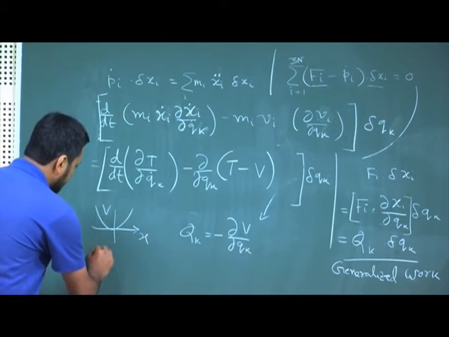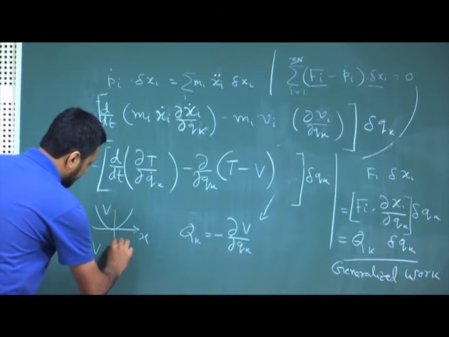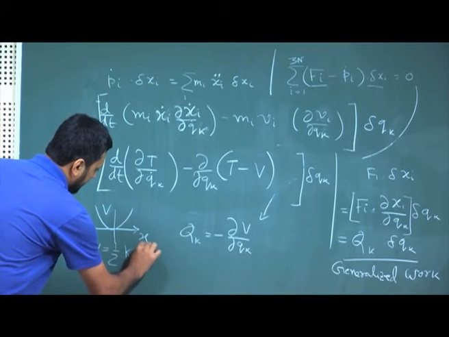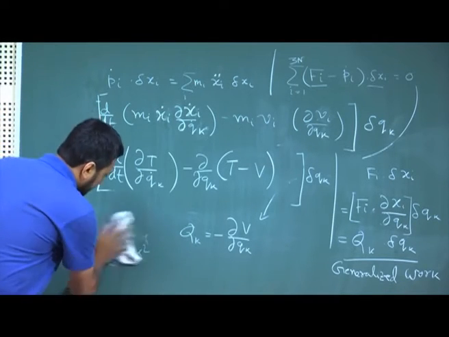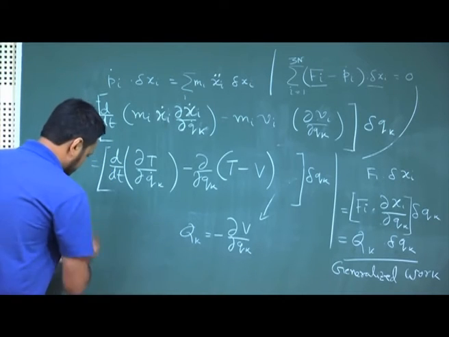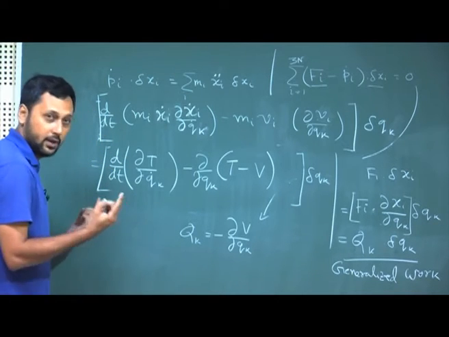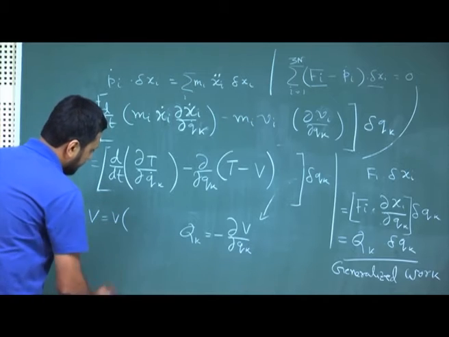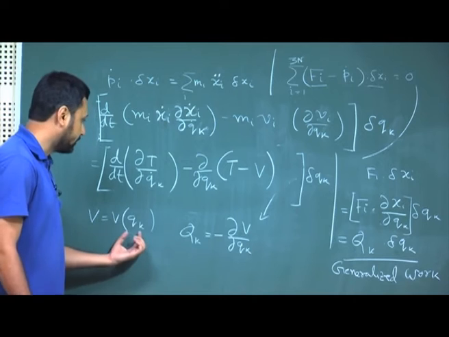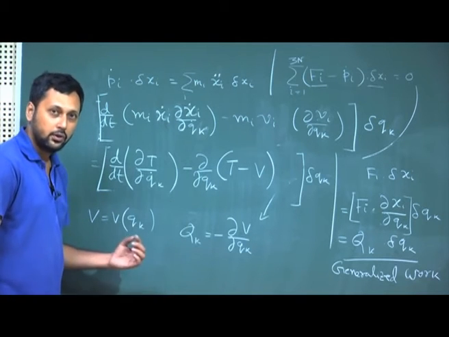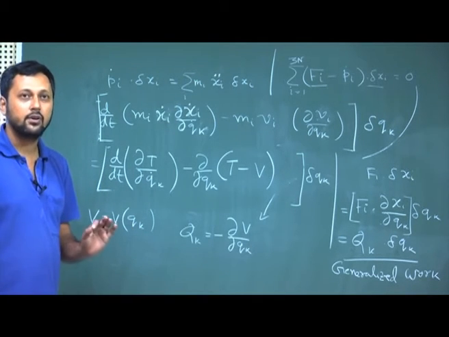But important thing is, V in this case, what was the form of V? It is half k x square. So, most importantly, the potential, whatever we can think of, is a function of the coordinates only, qk. It is not an explicit function of time, and also these are not functions of velocities.